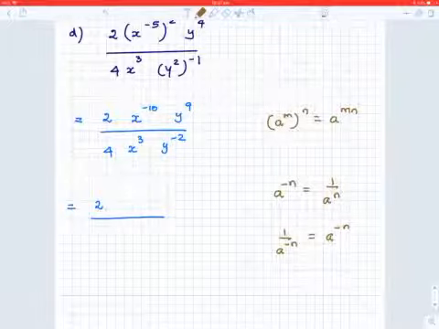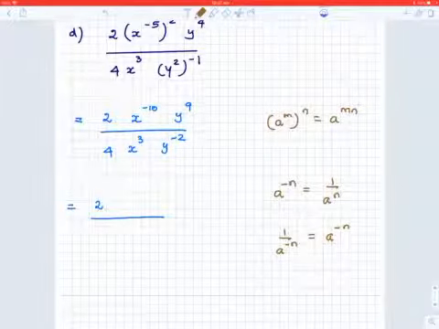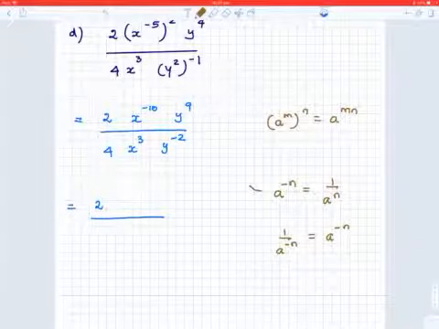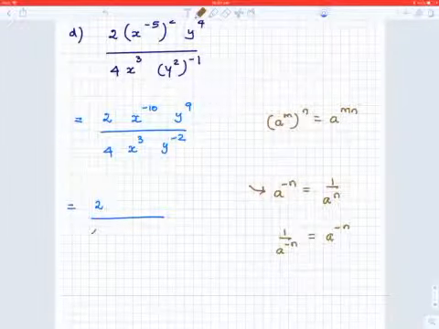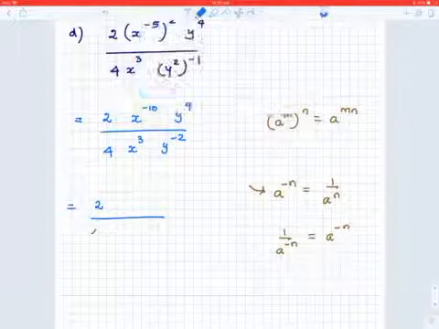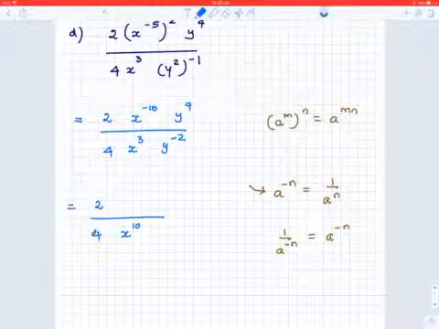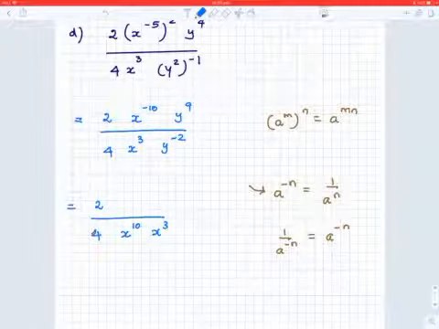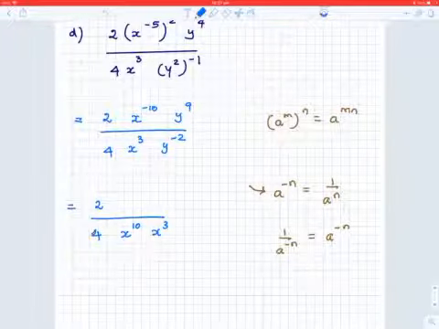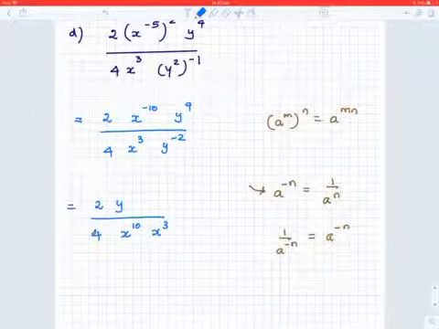I'm going to use both of these rules to change negative powers to positive. So x power negative 10 becomes x power 10, so the 4 stays here in the denominator. Now x power 10 goes to the denominator. You have already x cubed, and y power negative 2 goes to the numerator.